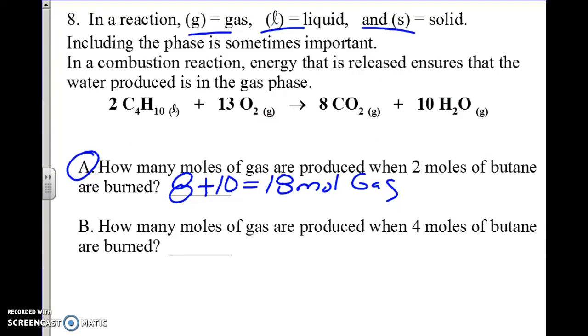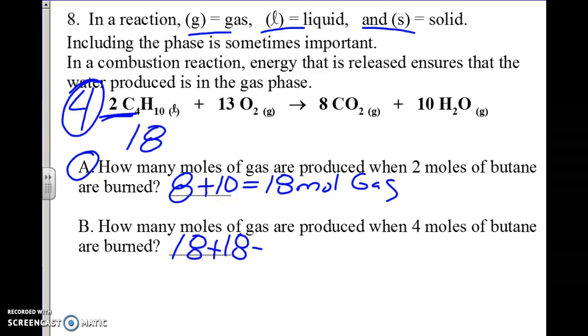The next question asks, how many moles of gas are produced when there's 4 moles of butane burned? Well, if 2 moles gave us 18 moles of gas, and now I have double the amount of butane, I should double the amount of gas. So 18 plus 18 equals 36 moles of gas. That problem seemed a little more difficult than it actually was, but that's the way it goes sometimes.